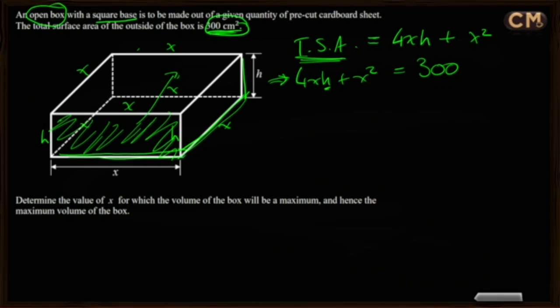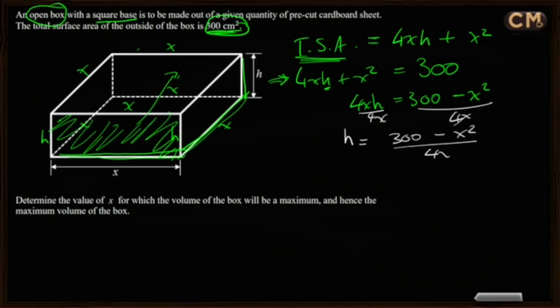That means we'll have 4xh equal to 300 minus x squared. Now we can just divide both sides by 4x, and that'll give us that h is equal to 300 minus x squared over 4x. So for now that is fine.